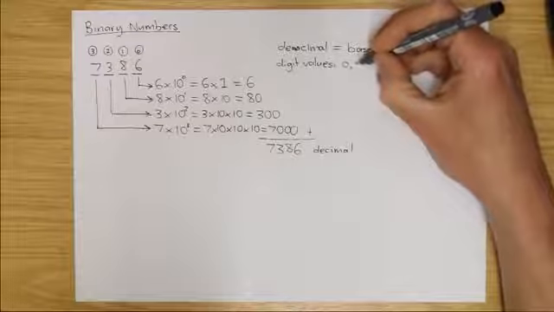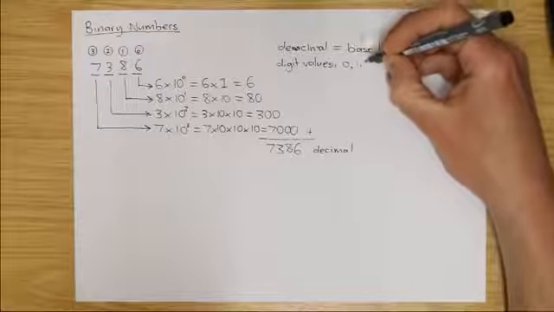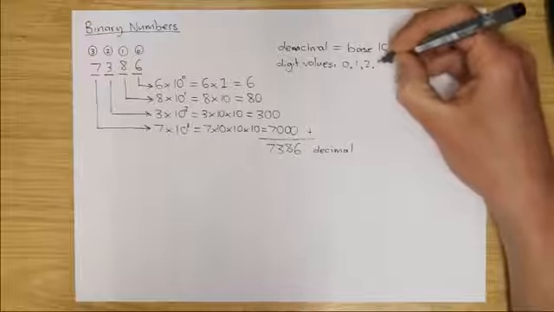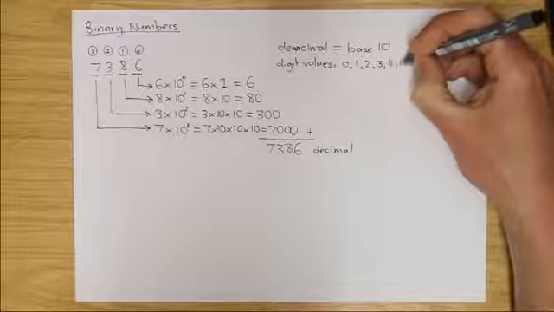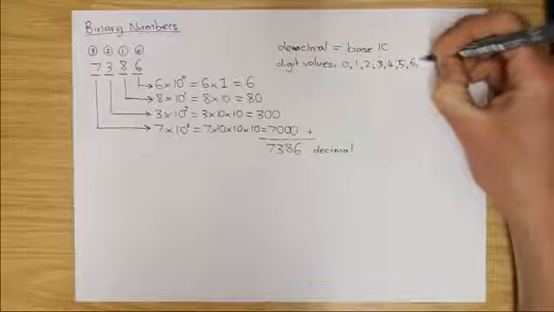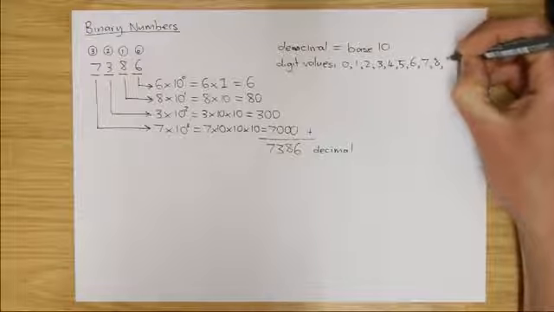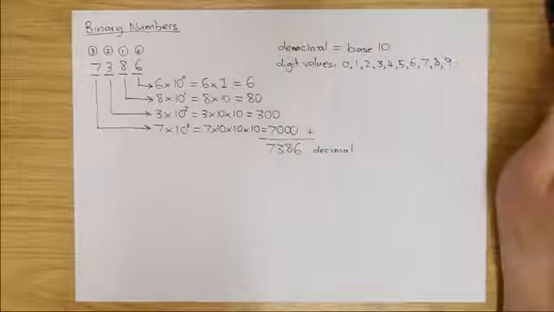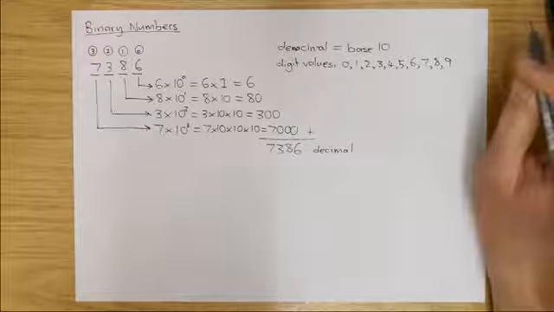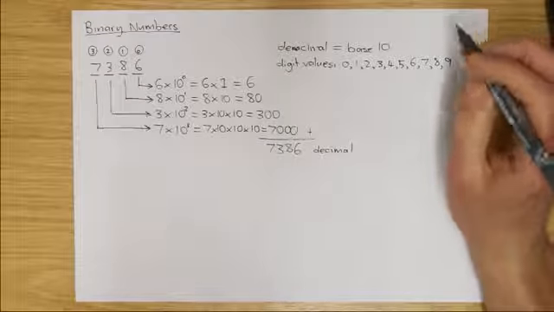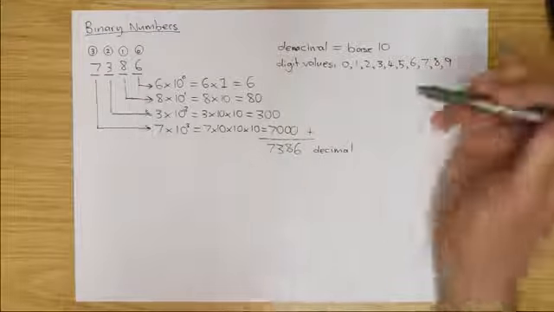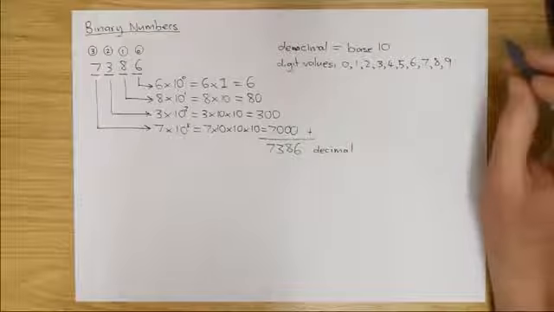So the 10 possible values of each digit in a decimal number are 0, 1, 2, 3, 4, 5, 6, 7, 8, and 9. So 10 possibilities for each digit. One consequence of that is that the numbers end up being multiples of different powers of 10.